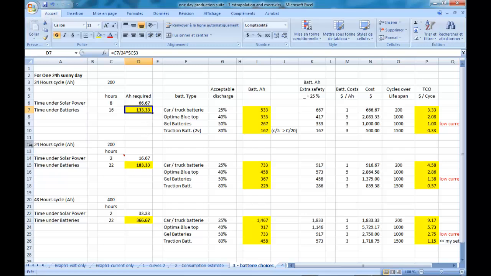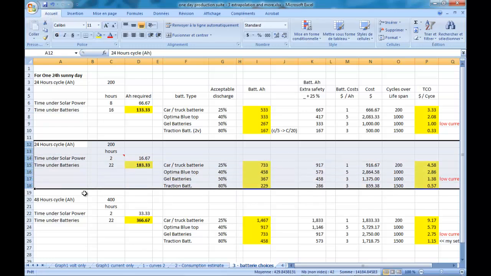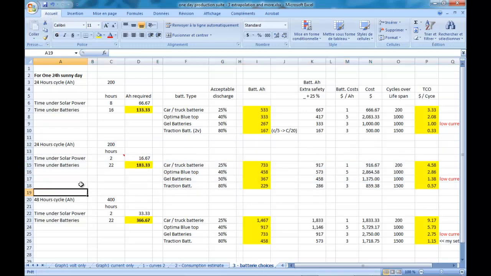Now if we have a really bad day, we might have only 2 hours worth of sun and 22 hours worth of using the battery. Now we're going to need 183 ampere hours.